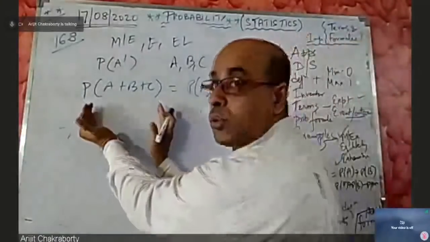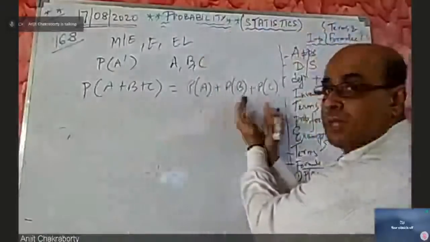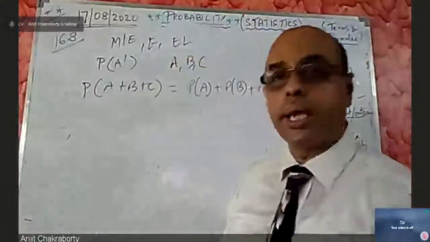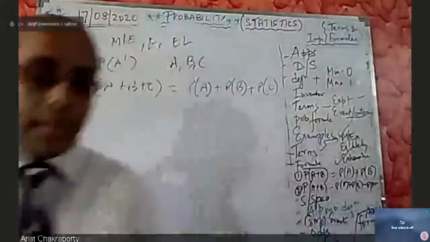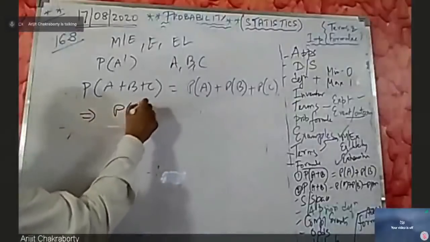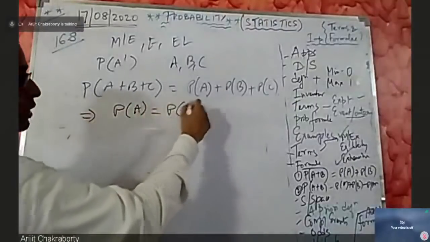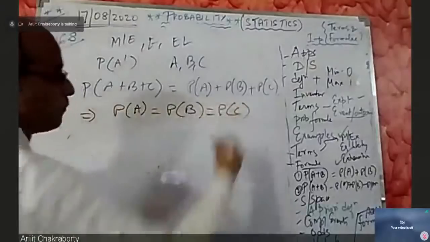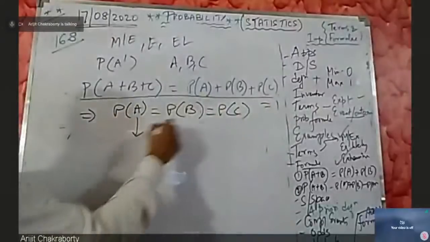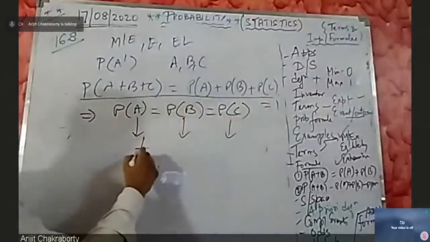So the sum of their total is basically the sum of their individual probabilities. Number 2, since they are equally likely, I can also say that probability of A is equal to probability of B is equal to probability of C. And together they are equal to 1. That means each of them has the probability 1/3.